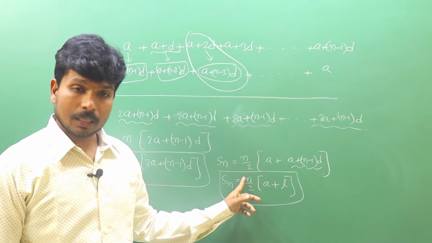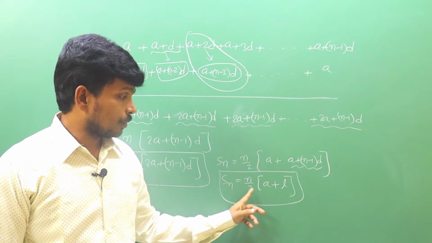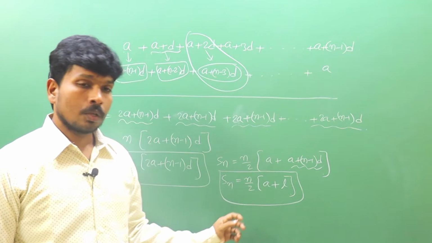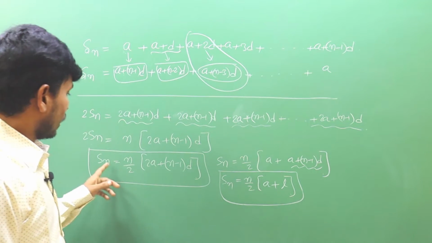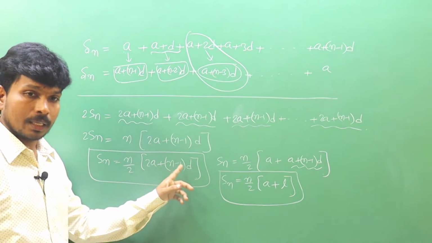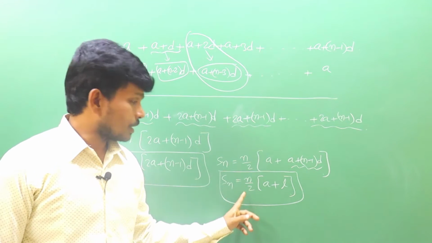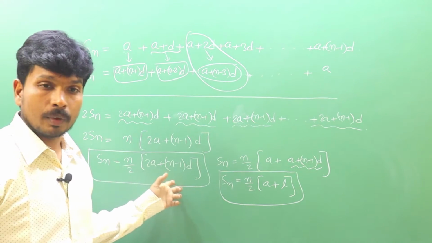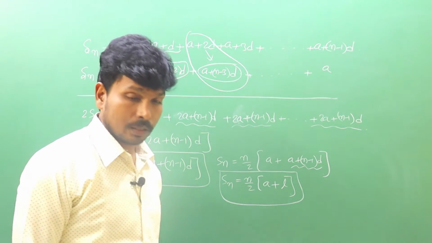Here n is the number of terms, a is the first term, and L is the last term. So we got two formulae. One is n by 2 of 2a plus n minus 1 into d and another one is n by 2 into a plus L. This is the sum of the n terms formula. This is also the sum of the n terms formula.